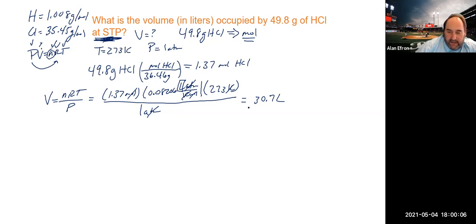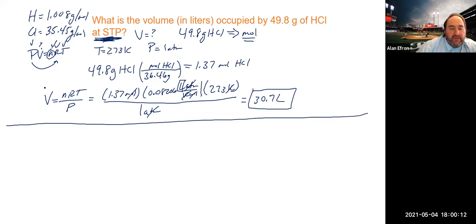Question on that calculation there. Now, could you have solved this a different way? And the answer is, yeah, you could have, because this is STP conditions.